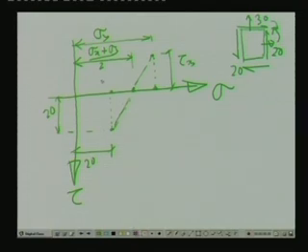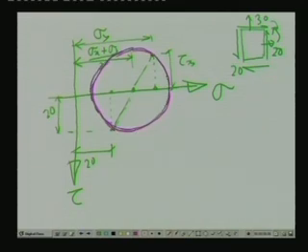Now, if we plot the Mohr circle, then this is the point which is representing the x plane and this is the point which is representing the y plane, and this is the maximum normal stress which is sigma 1, this is the minimum normal stress which is sigma 2.